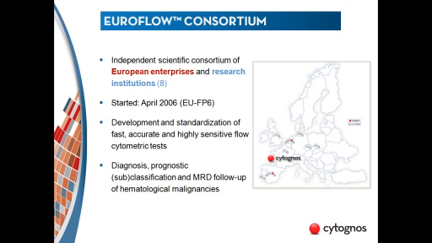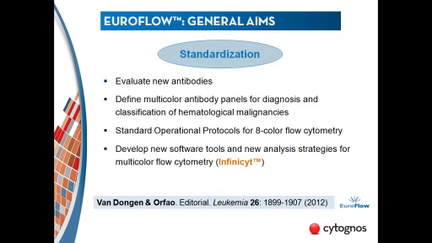As I told you, the aim of the whole program was to find a way of making the diagnosis, prognosis, subclassification and MRD follow-up of hematological malignancies. The big general aim of EuroFlow is one single word: standardization. The standardization of different things in order to diagnose leukemias and lymphomas.